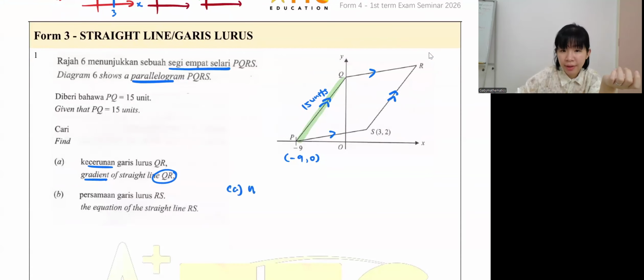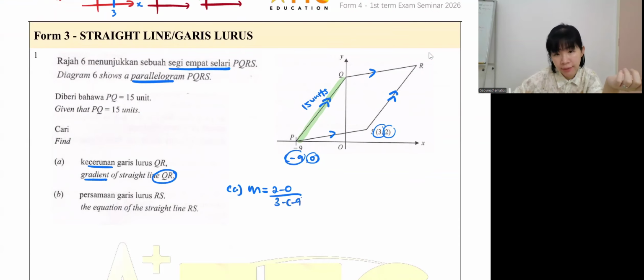Okay, question A, find gradient. So we use PS to find, got two coordinates. So y and y minus 2 minus 0. X and x minus 3 minus negative 9. 2 over 12.